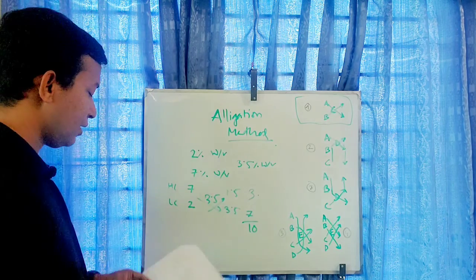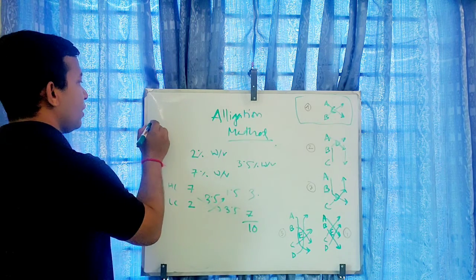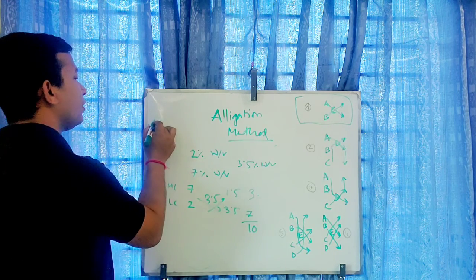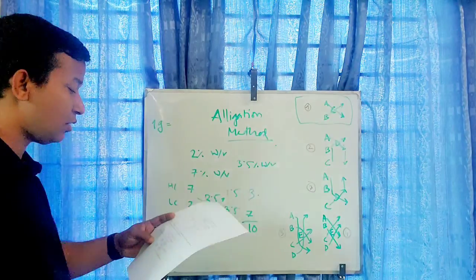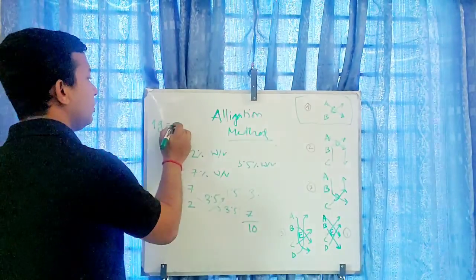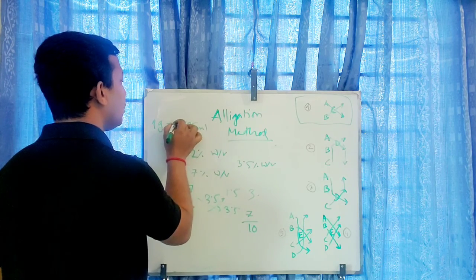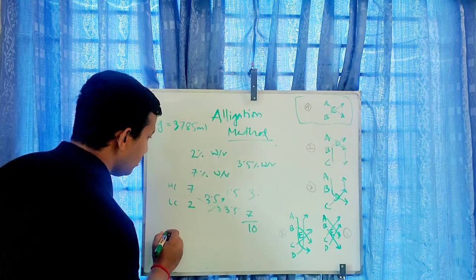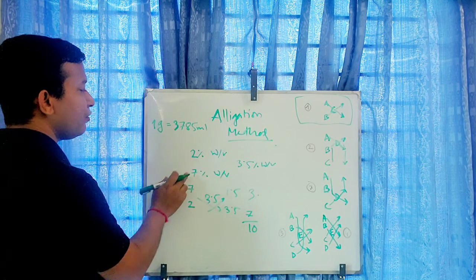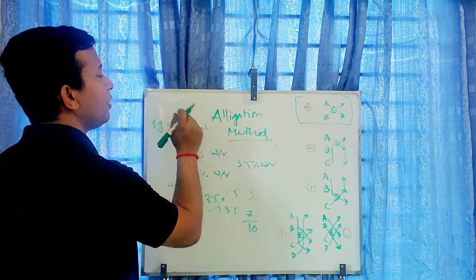Now they are asking if the solution is 1 gallon. So what is 1 gallon? 1 gallon means 3785 ml, probably. Yeah, 3785 ml. Now they are asking how many of these two things will be mixed together to make 3785 ml.